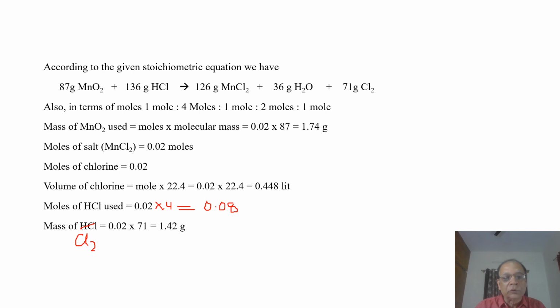So mass of HCl will be 0.08 into 36.5. So you can multiply this and find out the answer. All you need is a calculator or pen or pencil and a paper.